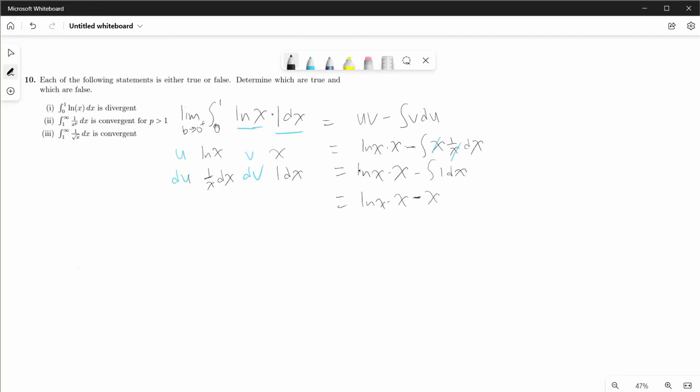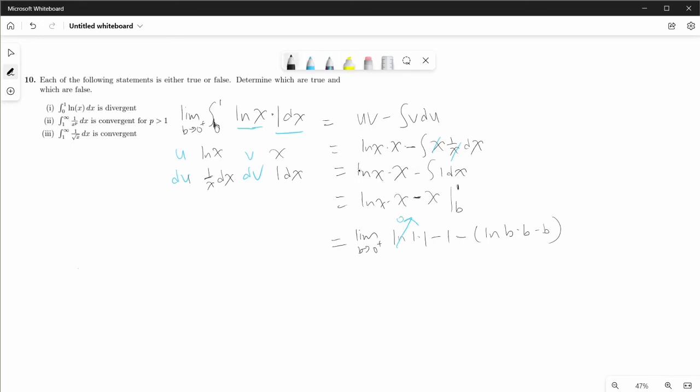And all of this is from bounds b to 1. And when we plug in 1 and b, I'm just going to write the limit back here. We have ln 1 times 1 minus 1 minus ln b times b minus b. Right, ln 1 is 0, so this whole part is 0.